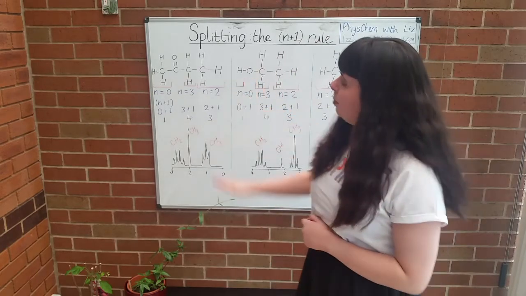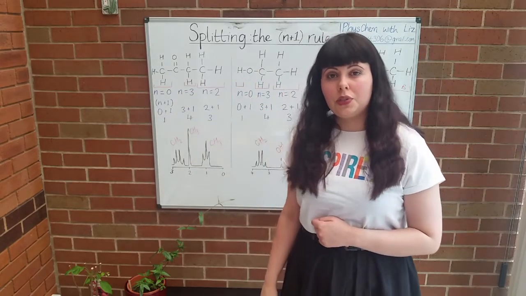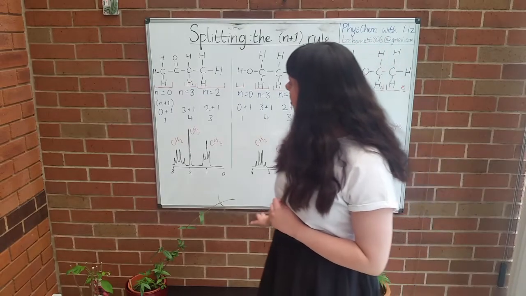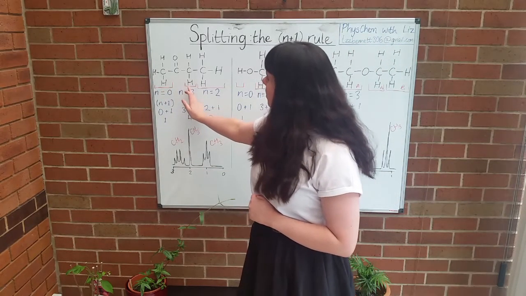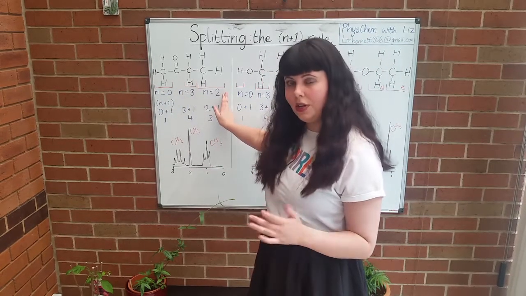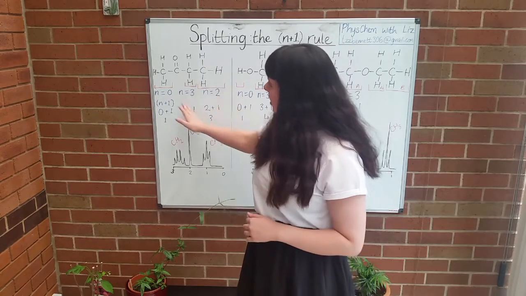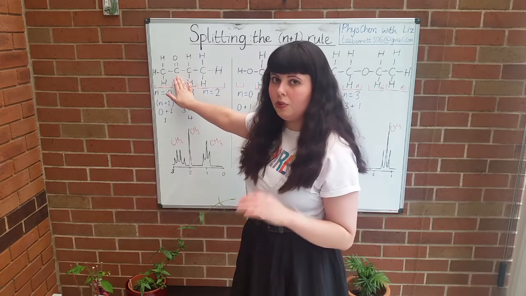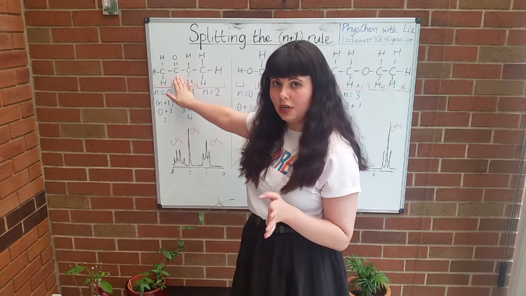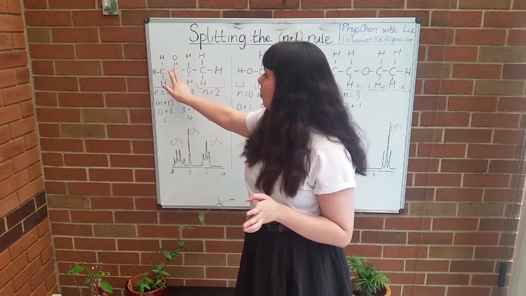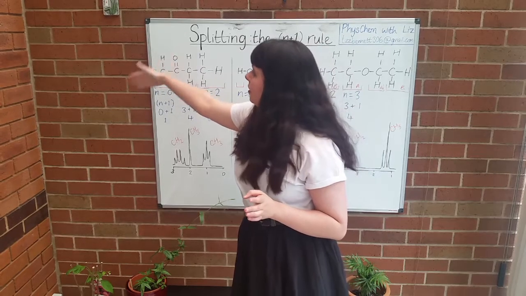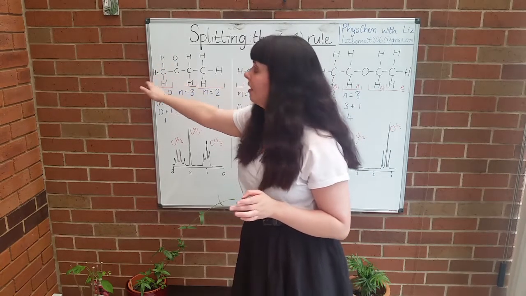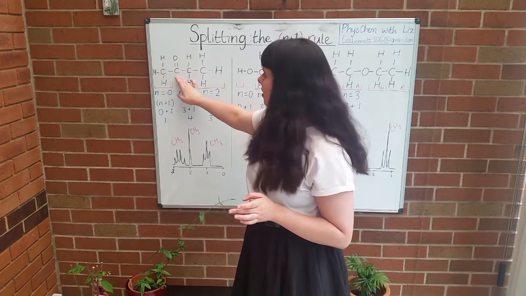So this first example, we have a molecule called butan-2-one. It's a ketone. We've got 3 different proton environments. So starting from left to right, this CH3 is next to a carbon with no protons attached. So we say this has no adjacent protons because there's nothing this side of the CH3 and there's no protons this side.